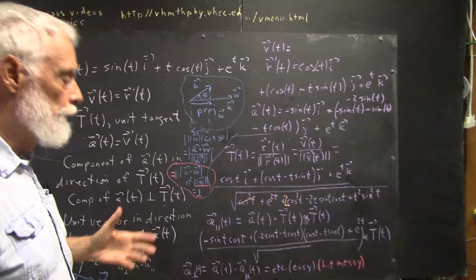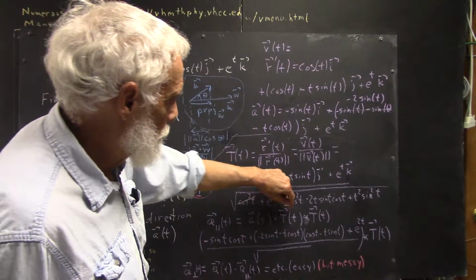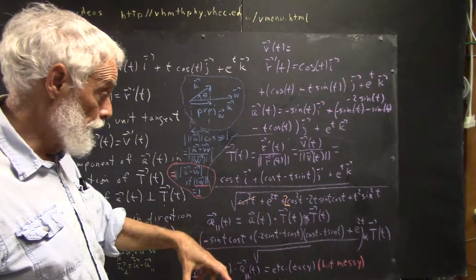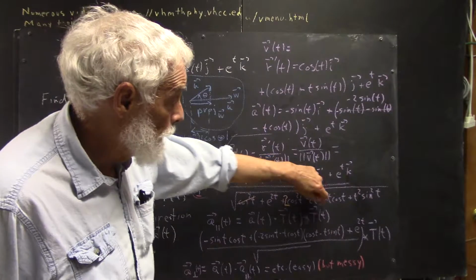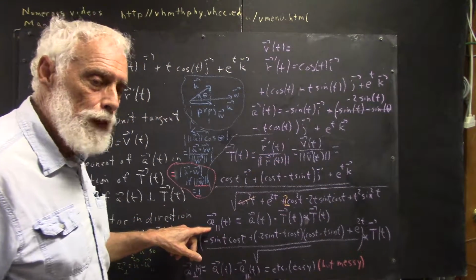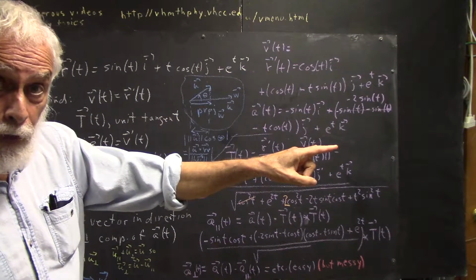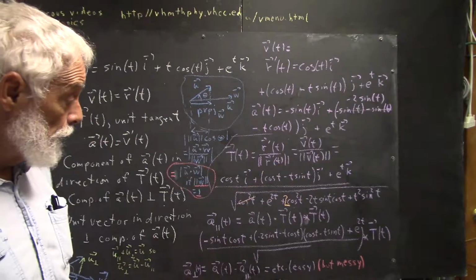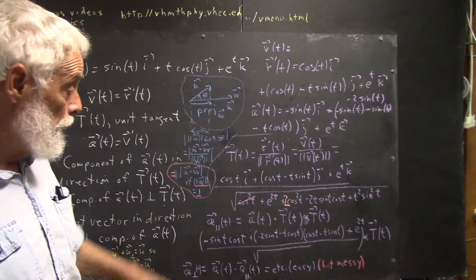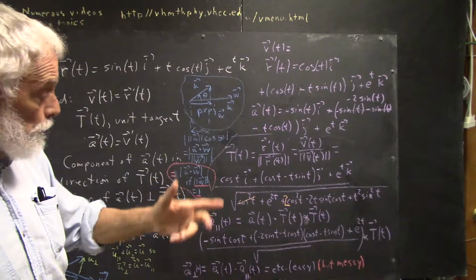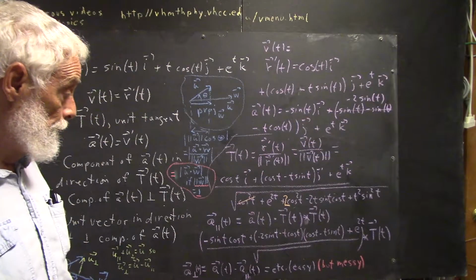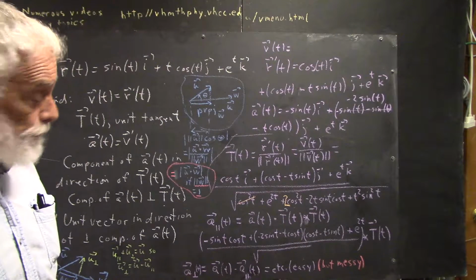Now, there's a little more to it because this dot product might come out negative, but in any case, and you think through that possibility, if I multiply this by the unit tangent vector, then I have a vector that's in the direction of the unit tangent vector, so it's in the direction of the velocity, and its magnitude is equal to the component of the acceleration in that direction. Okay?